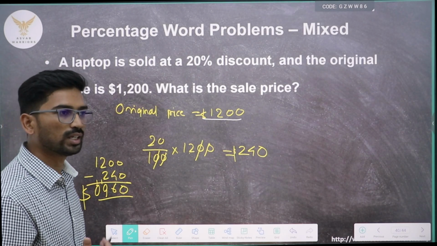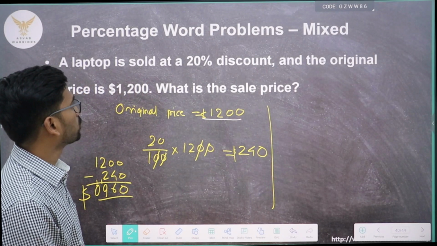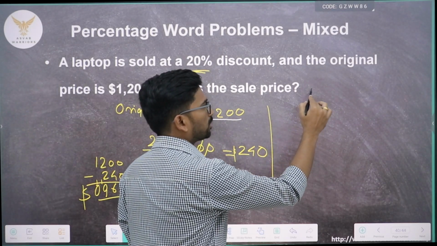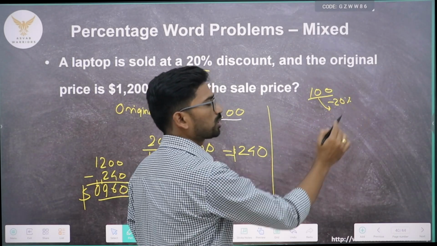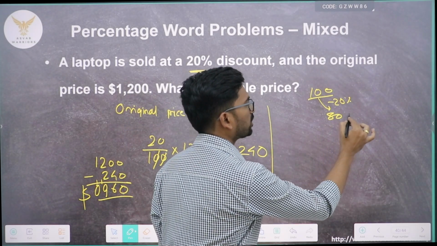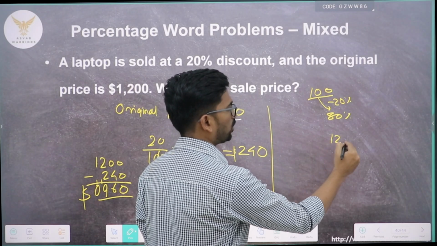So there is one more easier method to solve it. We will see how to do that. So there is a 20% discount. Let us assume the original price was 100 and there is 20% discount. After giving the discount, we are remaining with 80% of the original price, right? So original price was 1200.